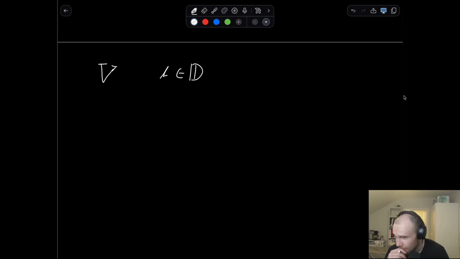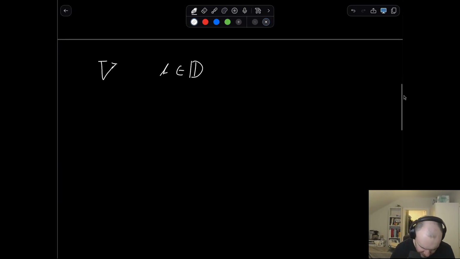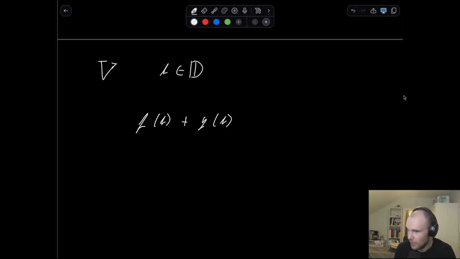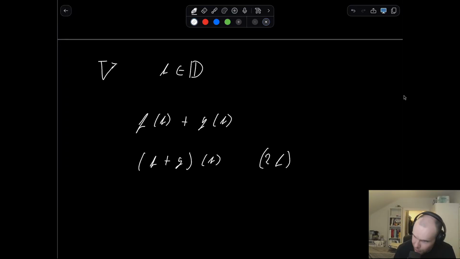Okay, so let's say we wanted to add, so we have, for example, f of t. I could, of course, add that with g of t. There's no problem in doing that, right? Usually you write this actually, it's a little bit weird, as (f plus g) of t. That is no problem. I could, of course, also scale f of t, right?